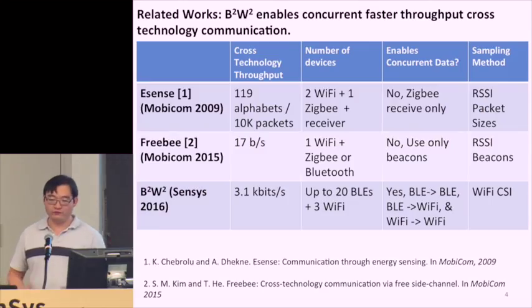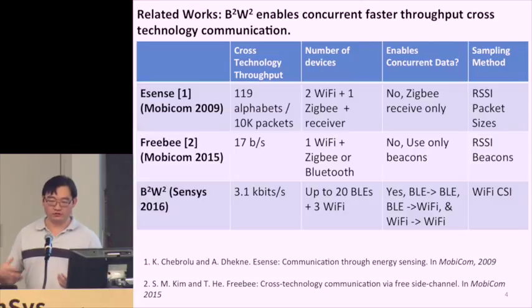So I'm not the first one that thought of this. There's tons of work that's already been done in this area with cross-technology communications. I just want to highlight a few recent ones. In eSense, they were able to get a cross-communication throughput by using what they consider alphabets. What they did, in short summary, is change the packet sizes of your Wi-Fi devices.